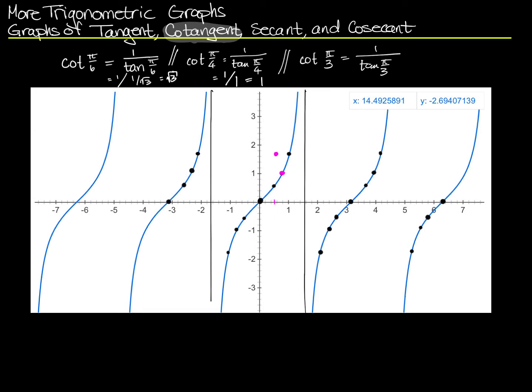And then the cotangent of pi over 3 is equal to 1 over the tangent of pi over 3. We know the tangent of pi over 3 is the square root of 3. So the cotangent of pi over 3 is 1 over the square root of 3, which we know to be about 0.58. So that's going to have the same height at pi over 3 as tangent did at pi over 6.